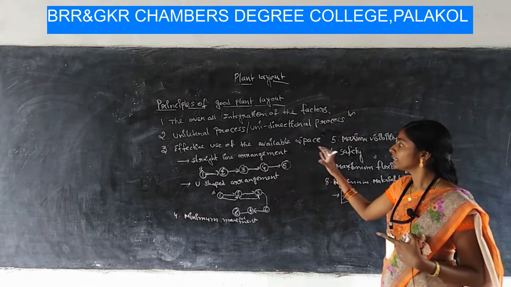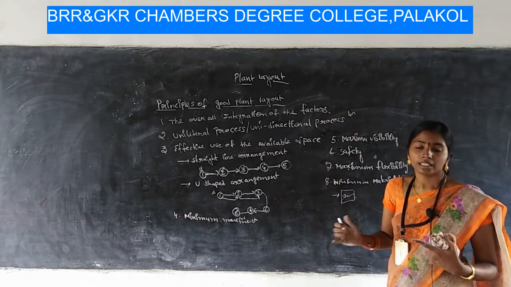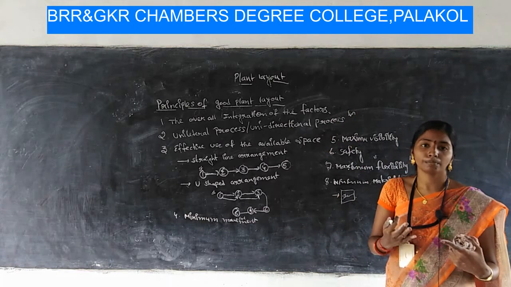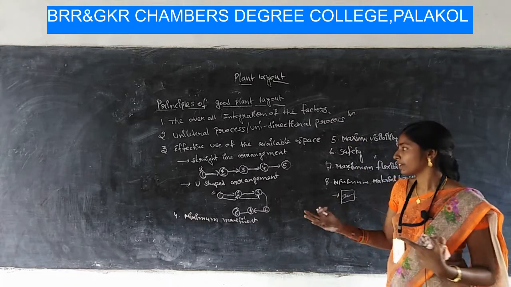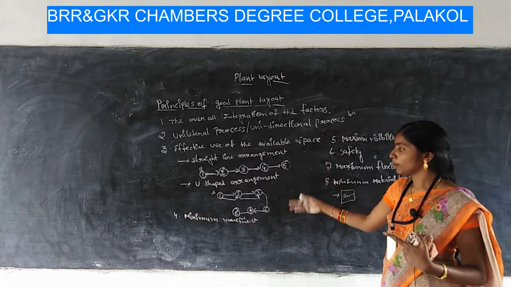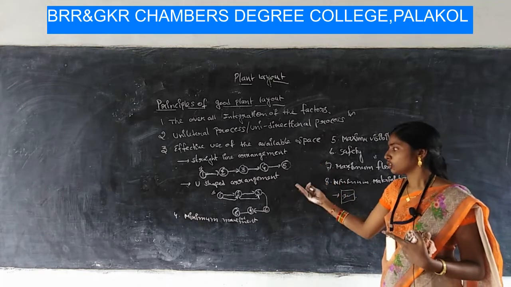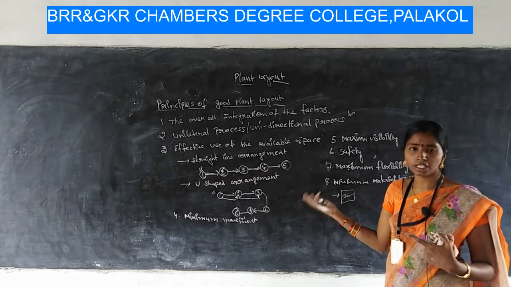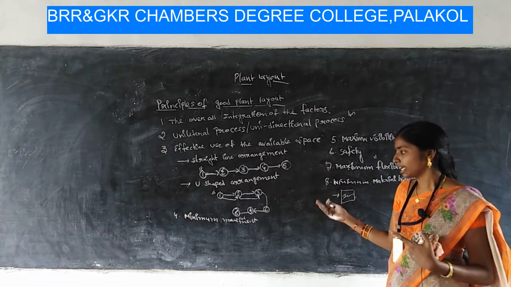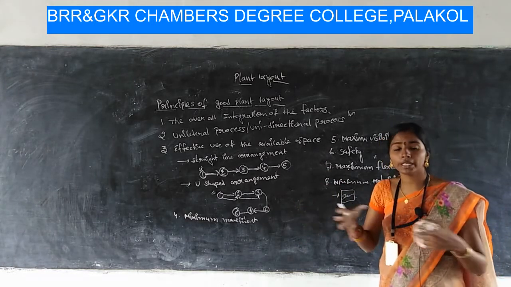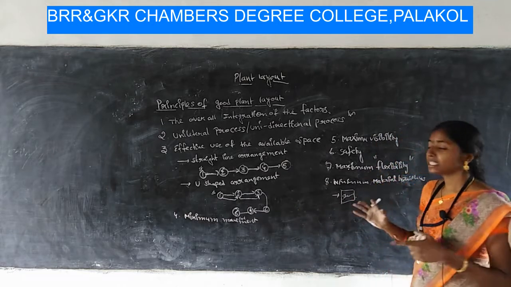Next one, effective use of available space. The space in the plant layout is to be utilized effectively. Depending upon the situations, we have to use a straight line arrangement, a U-shaped arrangement, zigzag arrangement or circular arrangement, and minimum movement is required, and maximum visibility.